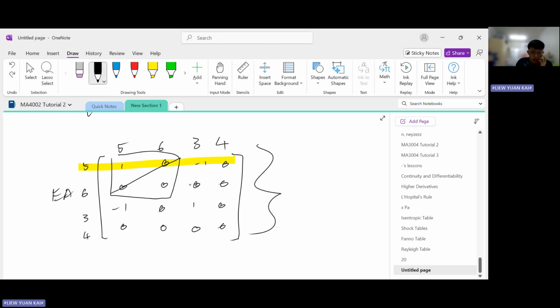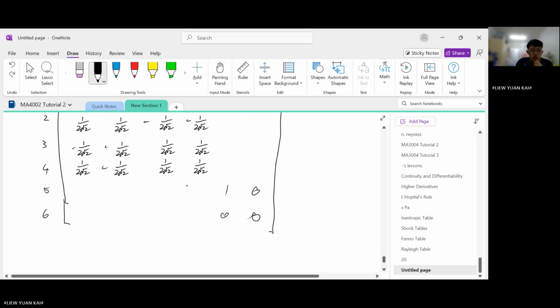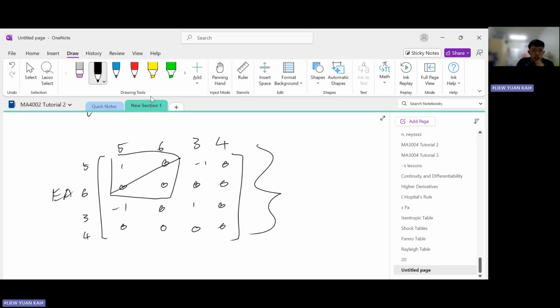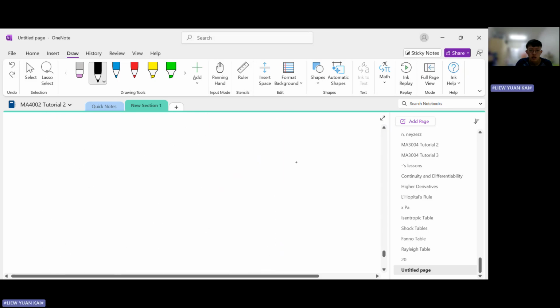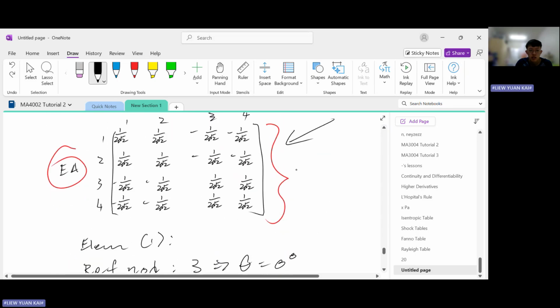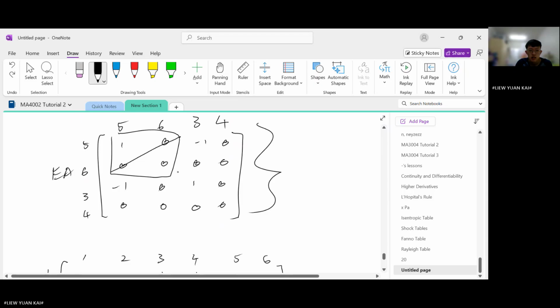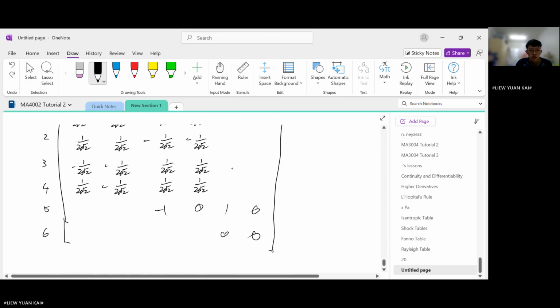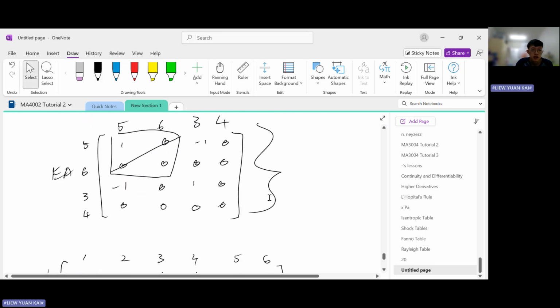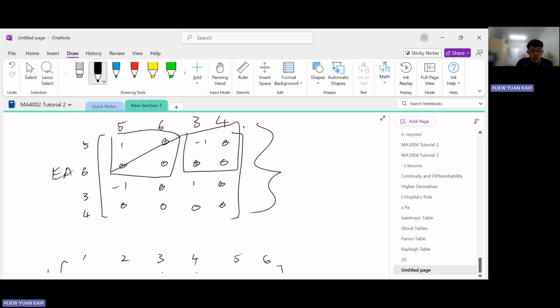Row 5, column 3, column 4 is minus 1, 0, right? Then this is row 6, column 3, column 4. So row 6, column 3, column 4 is 0, 0, right? Okay, so this corner is done.